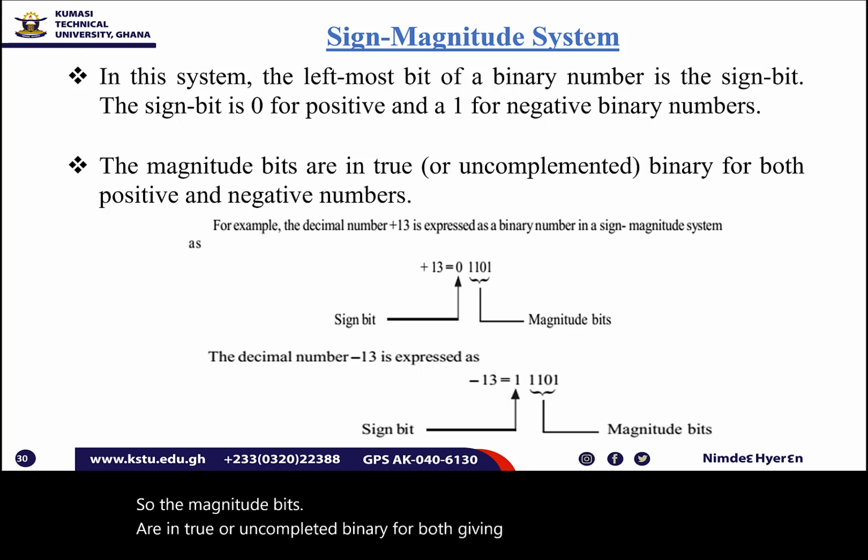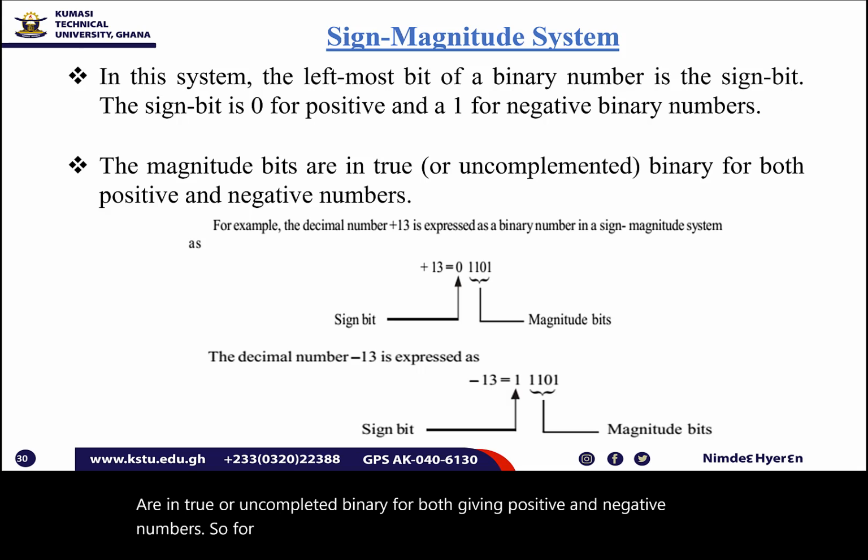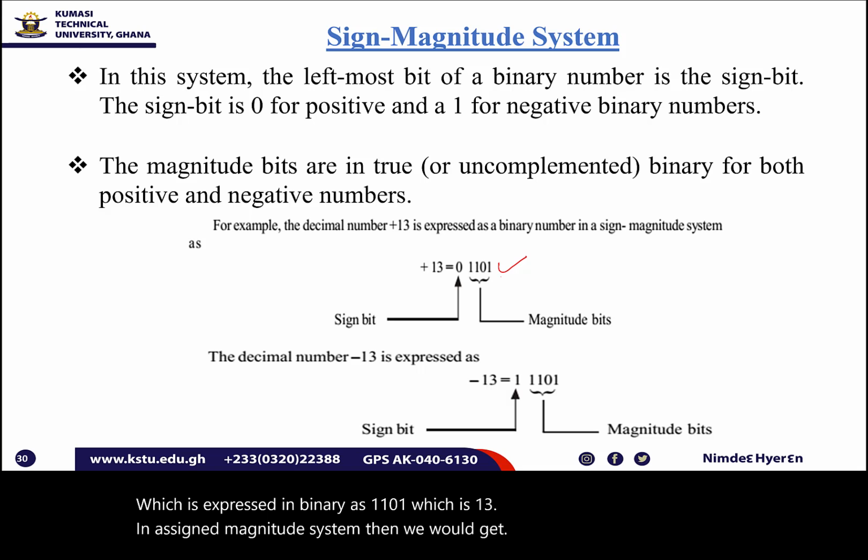So for example, if we take the decimal number 13, which is expressed in binary as 1101, in a signed magnitude system, then we would get 01101.